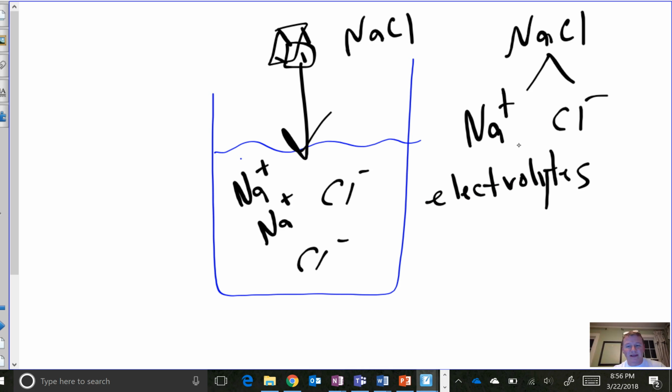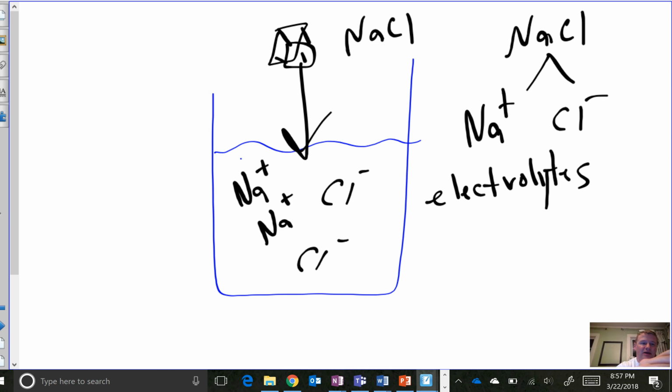So the point there being is that these things conduct electricity. If you were to run an electric current through this beaker here with the salt water in there, you would see that you could conduct electricity through there. Current would flow.